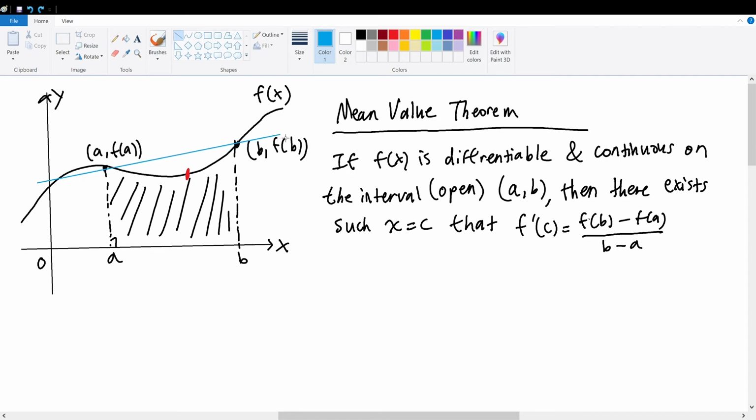So if I draw a rough line right there, then there exists a point within this interval where the tangent slope is the same as the secant slope between the interval. And that is all the mean value theorem states. This will come in useful in real life engineering and sciences, so it is an important theorem to learn and understand in calculus.